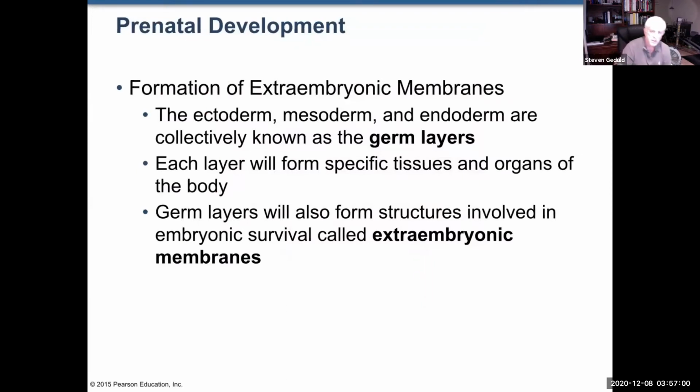So the ectoderm, mesoderm, and endoderm are your germ layers. Each layer will form specific tissues and organs of the body. There also form structures involved in embryonic survival called extraembryonic membranes to help keep the fetus developing.